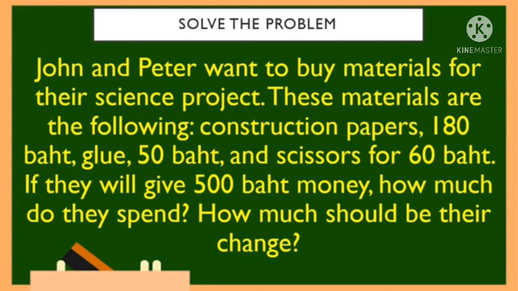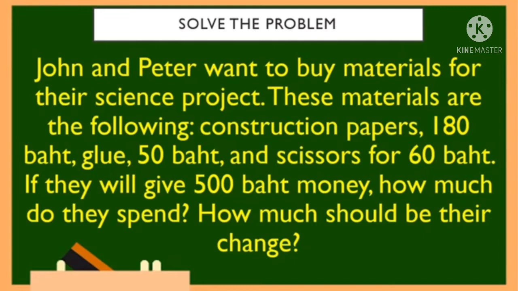Glue, which has a price of 50 baht. And scissors for 60 baht. If they give 500 baht, how much do they spend? And how much should be their change?